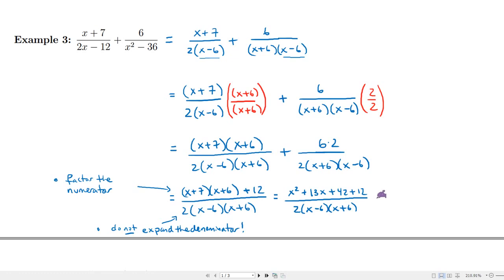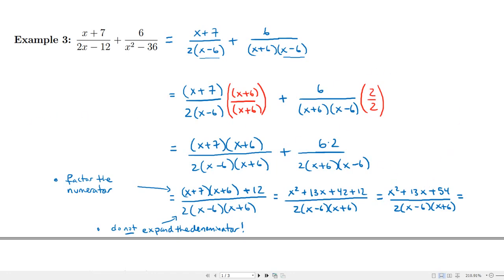So what do we actually have? We have x squared plus 13x, and then plus 54. And you can start to think about the factors that are going to work there. What are the factors of 54? Well, 9 and 6, right?